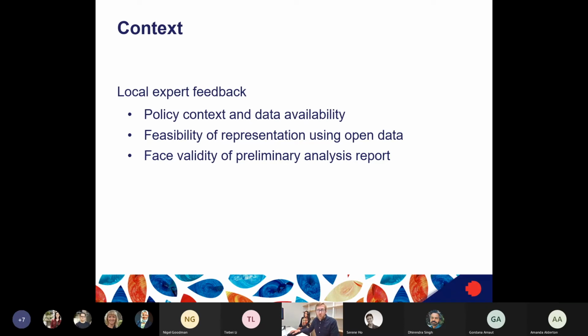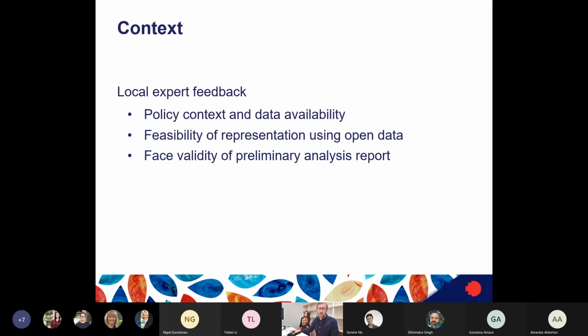So we conducted a number of surveys of our local collaborator experts, reviewing the policy context for their cities and the situation of data availability. In having these discussions, it became apparent that we would face issues having comparable data and available data for a number of cities.